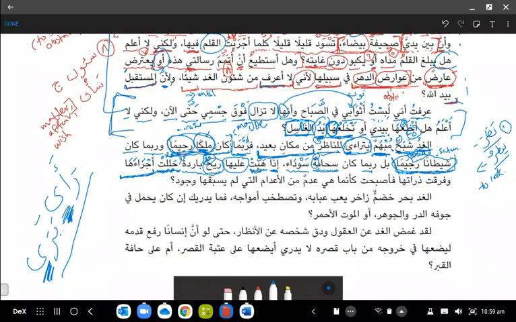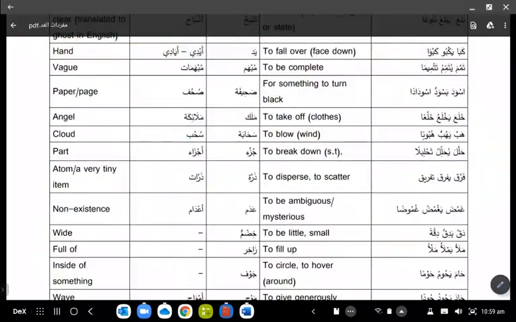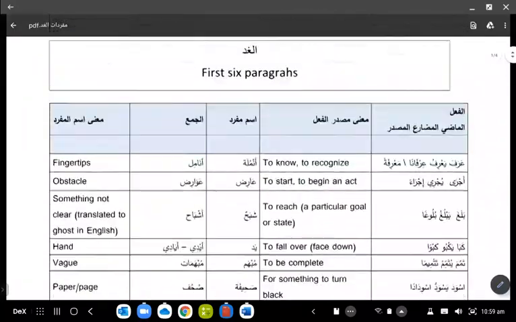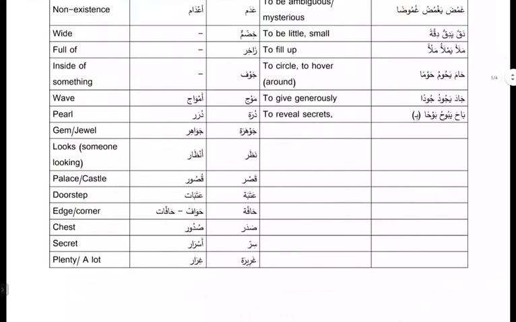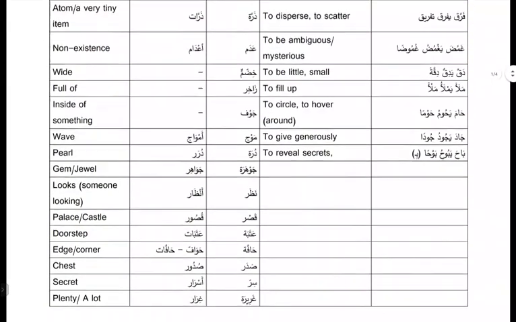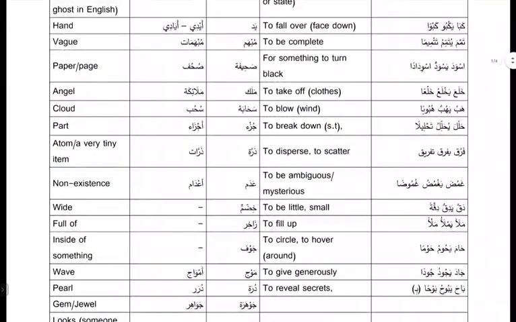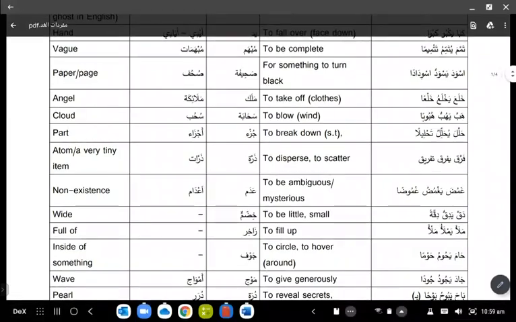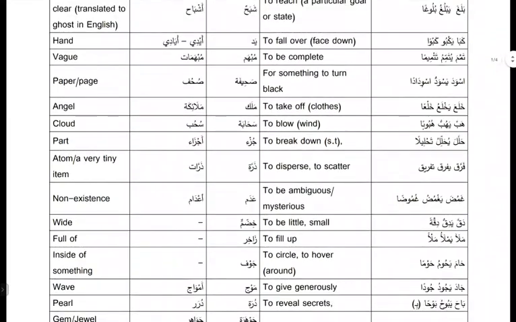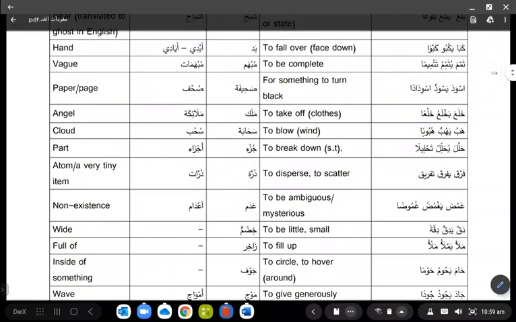Ajza is the plural of juz, which means parts. So juz, ajza is part. Part is the singular and then the plural will be parts.